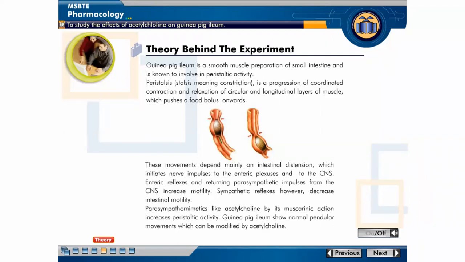Sympathetic reflexes, however, decrease intestinal motility. Parasympathomimetics like acetylcholine, by its muscarinic action, increase peristaltic activity. Isolated Guinea pig ileum shows normal pendular movements which can be modified by acetylcholine.